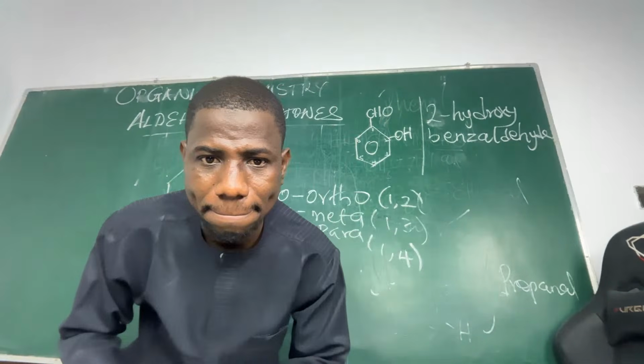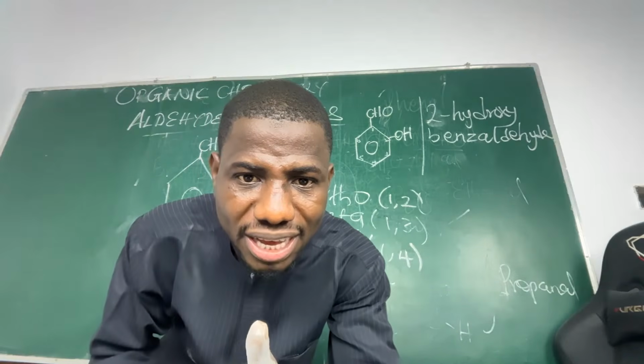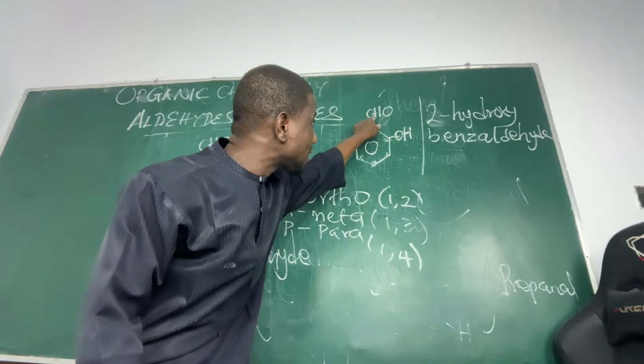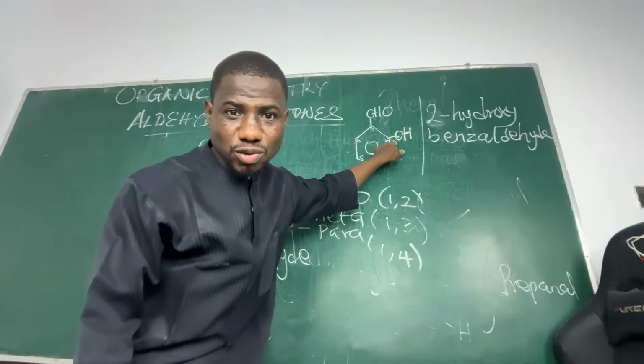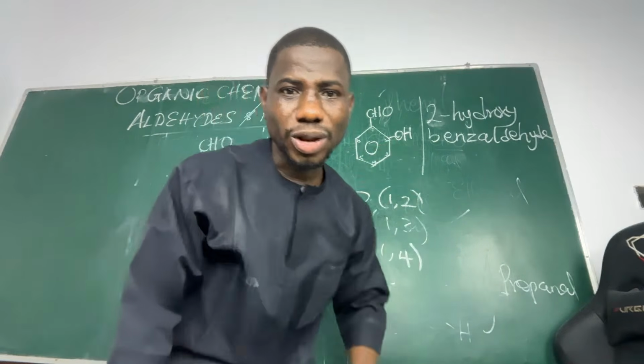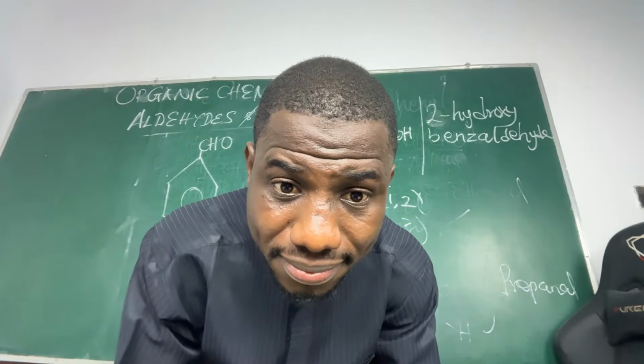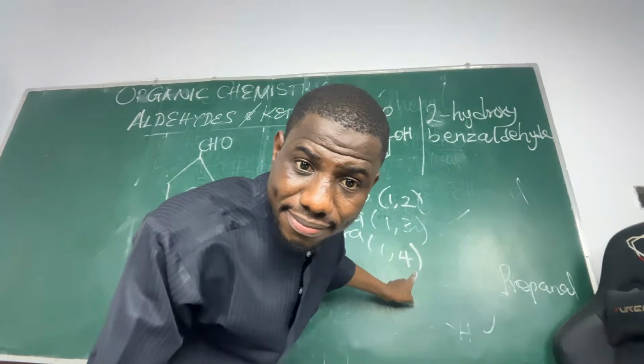That's the name. Because the hydroxy group is on position what? 2. Immediately, the carbon, this one is serving as position 1. This is serving as position 2. So we ask, why can't hydroxy group be the position 1? Not possible. Because this one will supersede it.